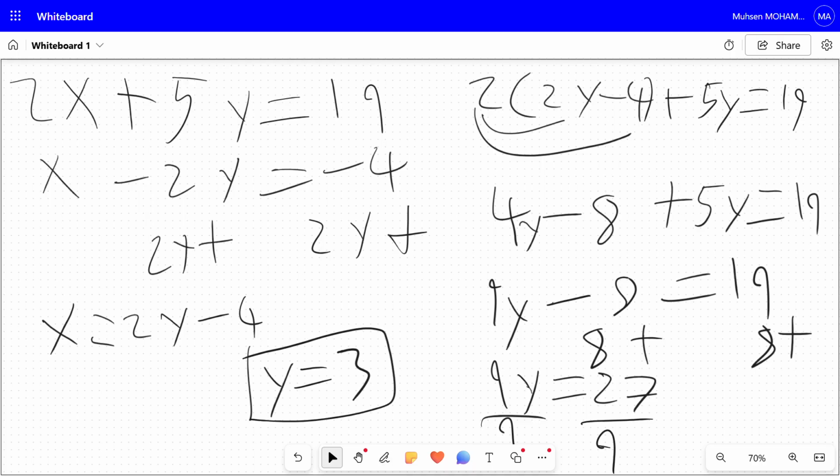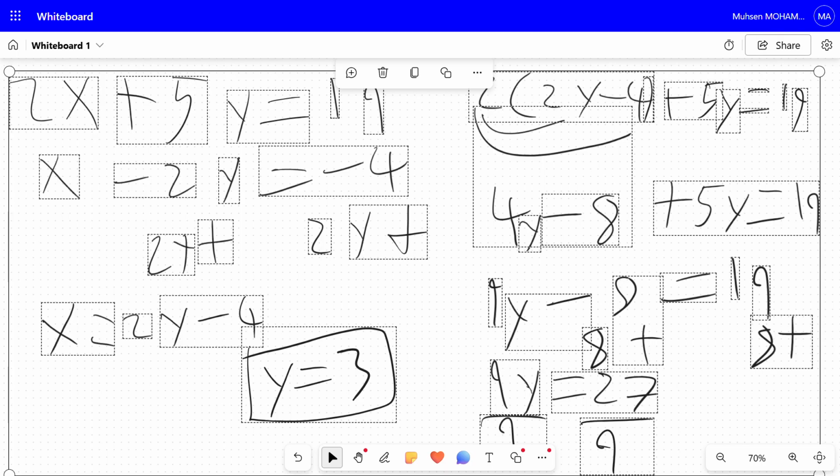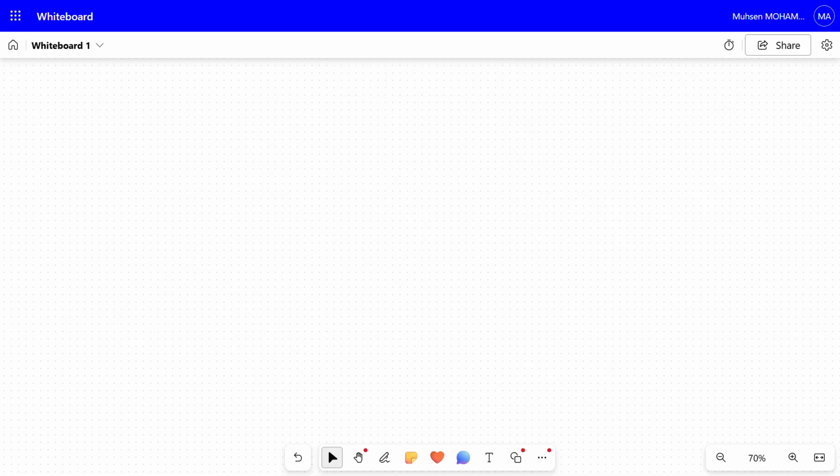Then to find x, I just have to plug in y, which would be x plus, minus 2 times 3 equal to minus 4.